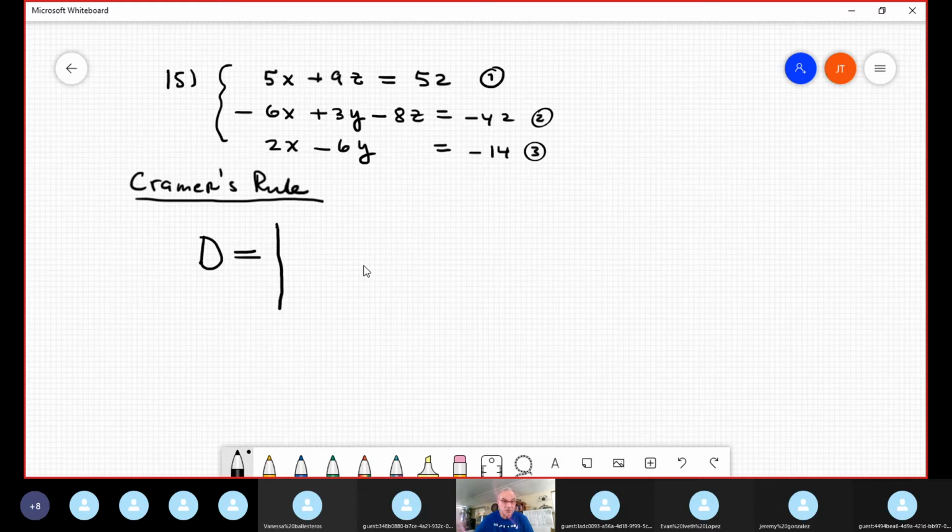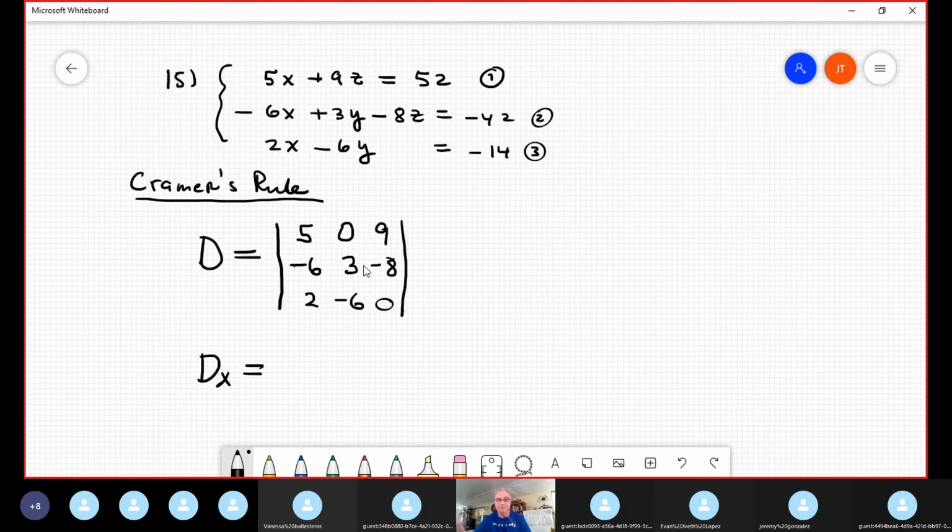So we have 9 numbers. 5, 0, because y is missing in the first equation, 9. Negative 6, 3, negative 8, 2, negative 6, and 0. That was capital D.